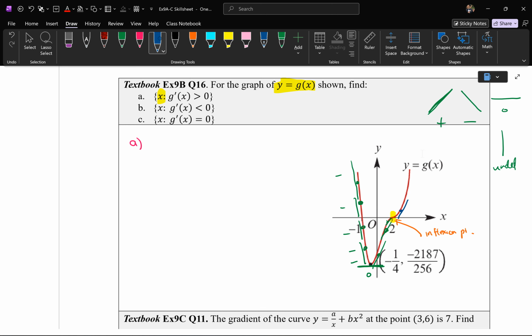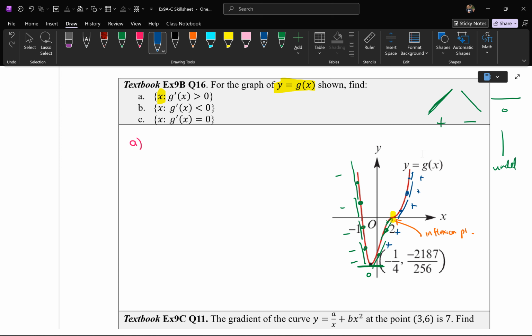And then afterwards, we can see it's still positive. All of these are positive. So if we had to answer the question, when is the gradient positive? It's clearly from negative a quarter to infinity, but it's just a question of whether that point there is an inflection point. I'm not sure.